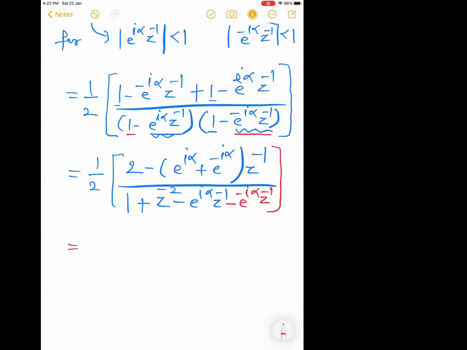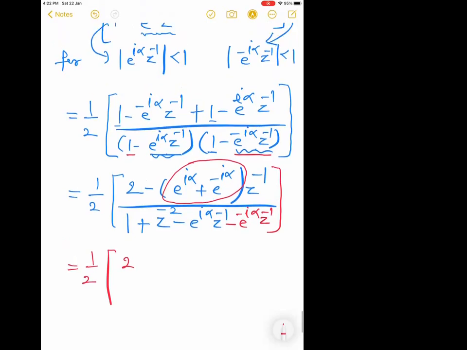Now you can just club the terms and wherever possible, write down e raised to I alpha plus e raised to minus I alpha is equal to 2 cos alpha. What do you get? This is 1 by 2 and 2 into bracket. What can I write for this term in the form of a cosine function, e raised to I alpha plus e raised to minus I alpha?